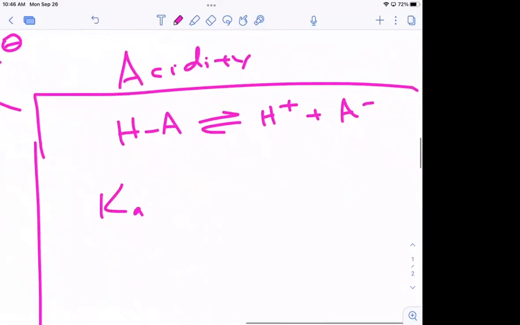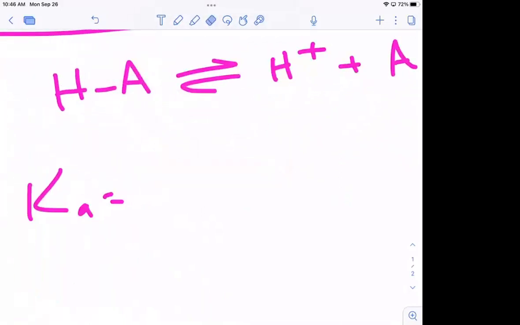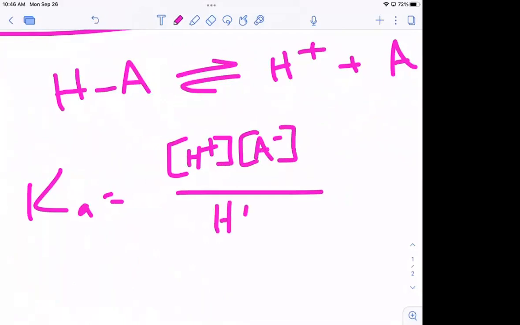So Ka would be the concentration of the products, H plus, A minus, over HA. Anybody remember that from GChem? I think you probably studied it in part 2, dealing with the equilibrium constant of acids.